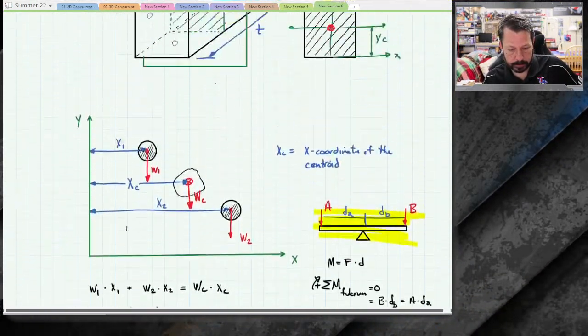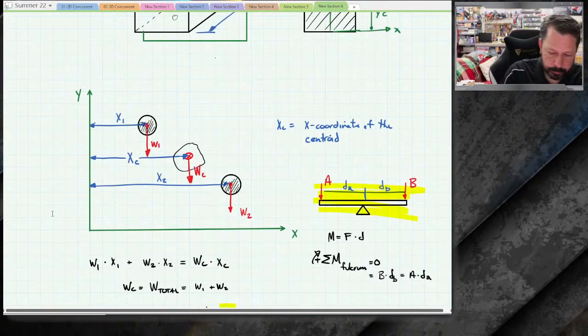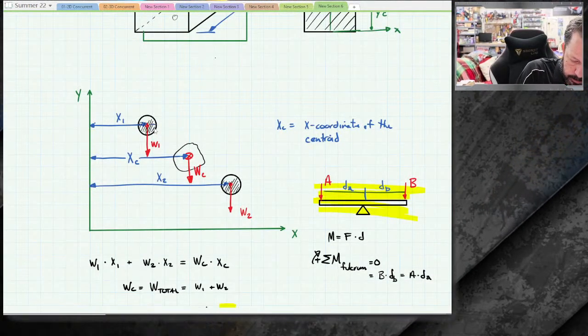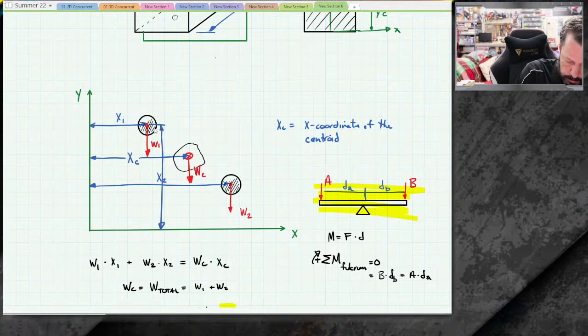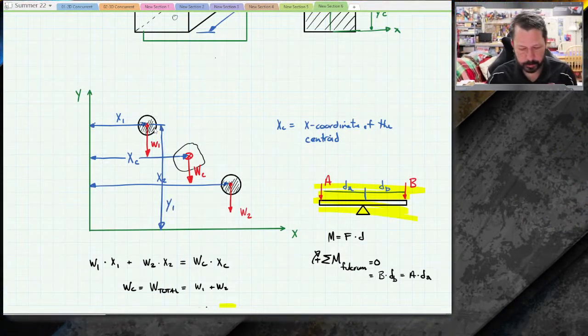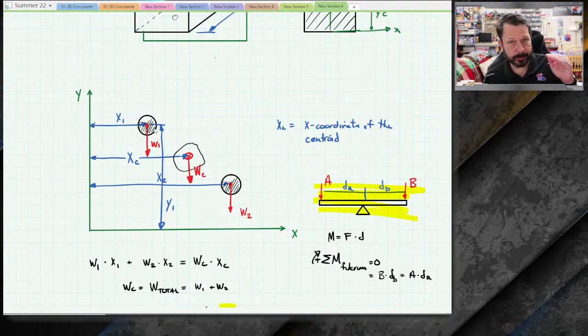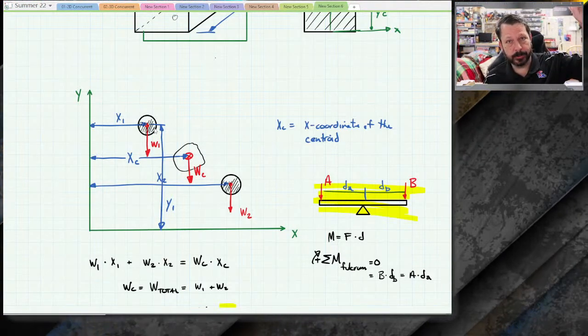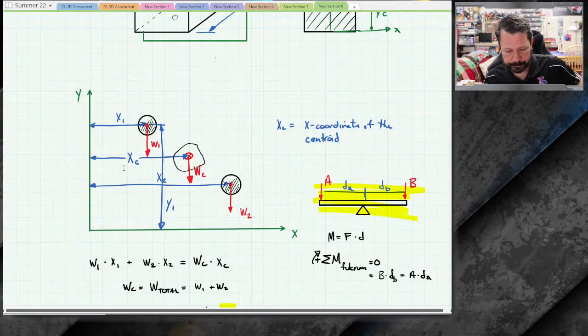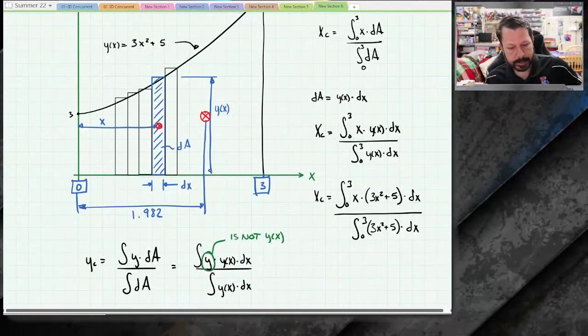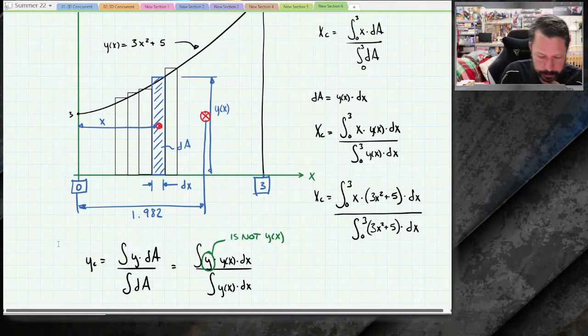We didn't really draw it, but that y was this distance, which I just drew right through the thing there. So that's y1. It's the distance from the x-axis to the centroid of my individual little component, which in this case is this little differential strip.